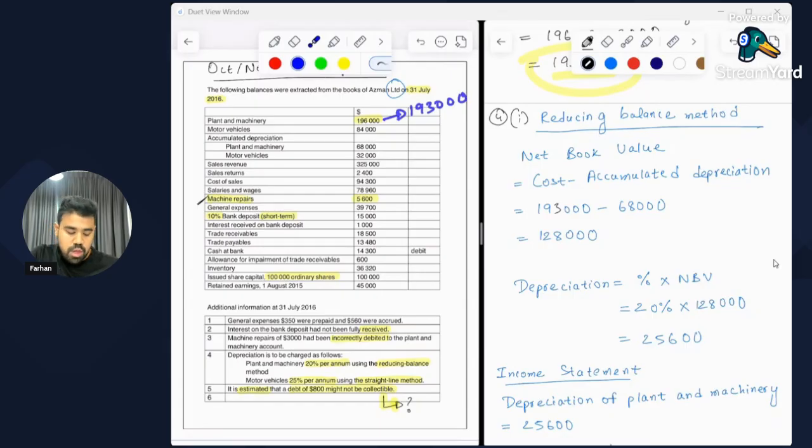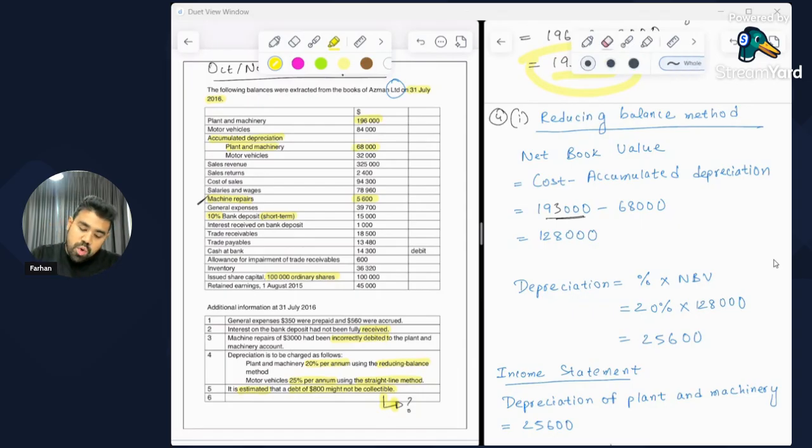So this is $193,000 now and not 196,000, which I made a mistake on before. I hope you get it. Then you subtract the accumulated depreciation of $68,000, which you can get here: accumulated depreciation, plant and machinery of $68,000.